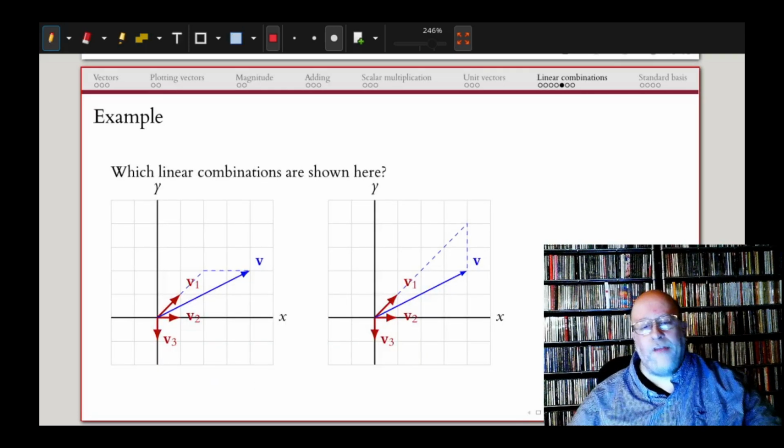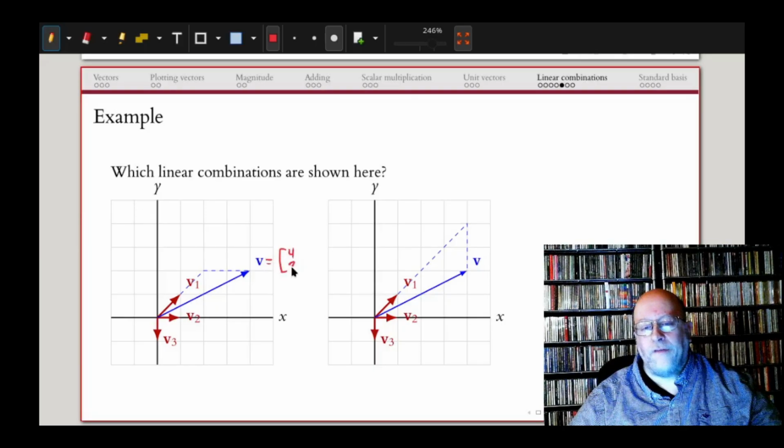Here's a visual example of a vector that is a linear combination in 2 ways. This vector v has the coordinates 4, 2. That's 1, 2, 3, 4 in the x direction, and 1, 2 up in the y direction.